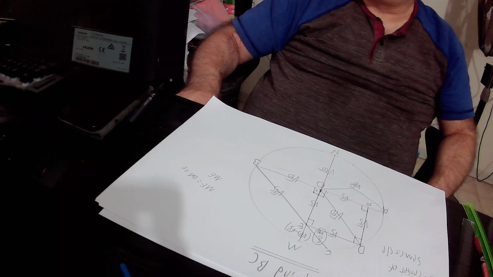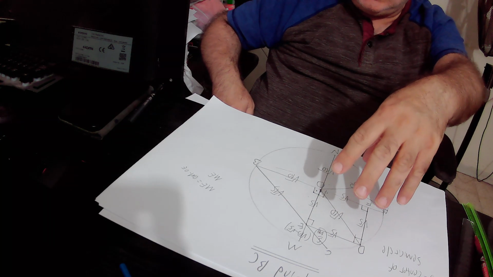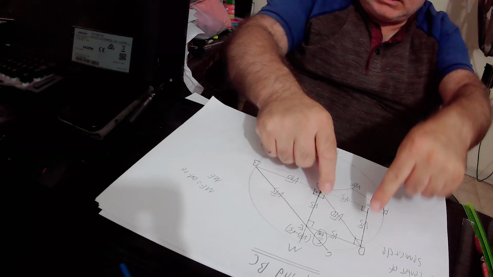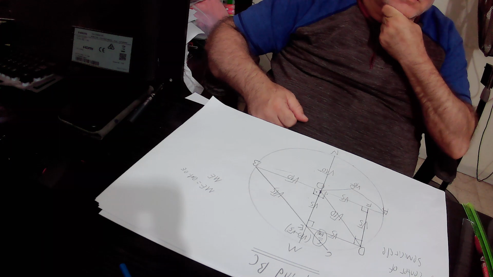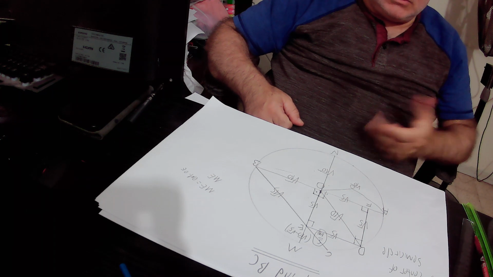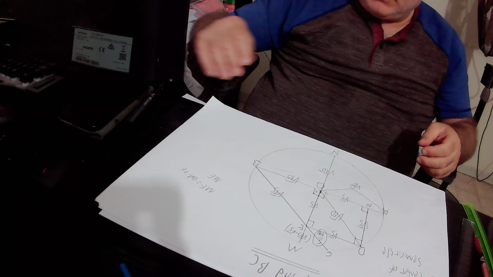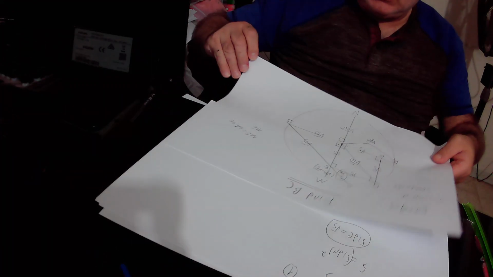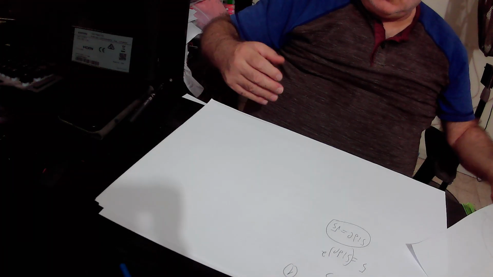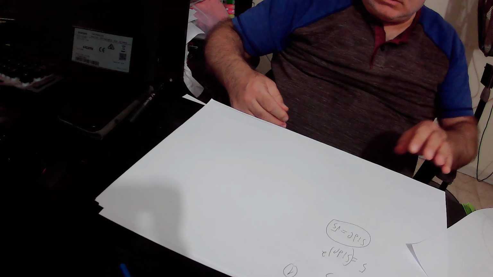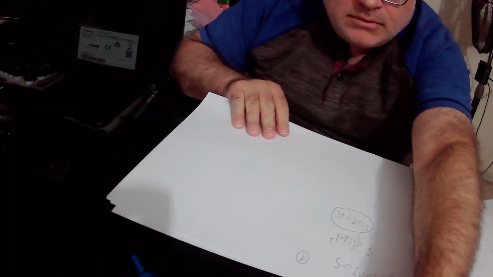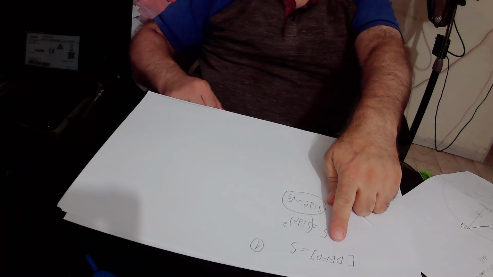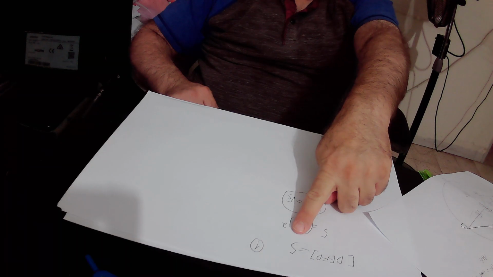So first of all, we know that all the angles inside the square are right angles, therefore those 4 angles are all right angles. And we know that the area of any square equals one side squared. So the area of square DEFO equals 5 square units.